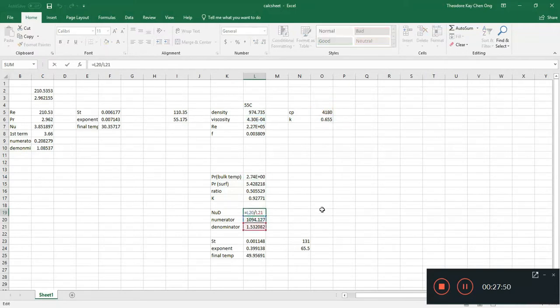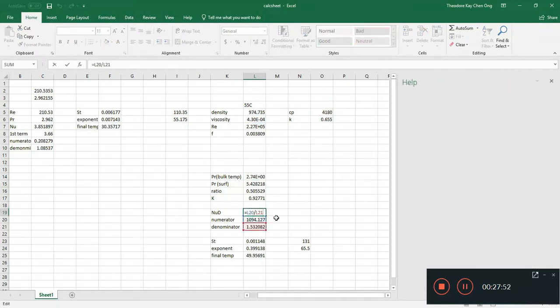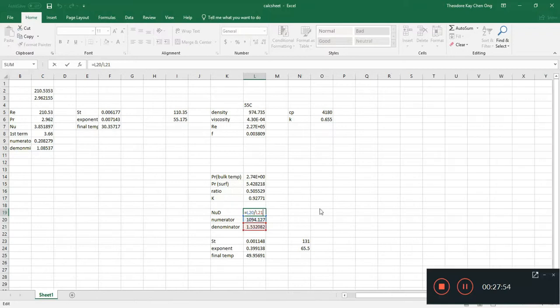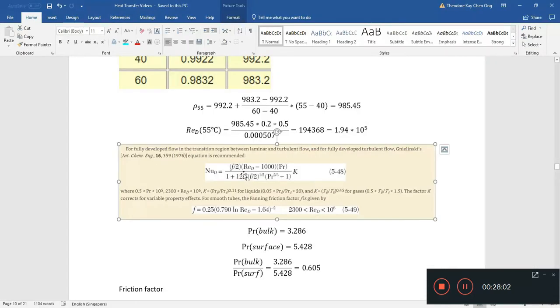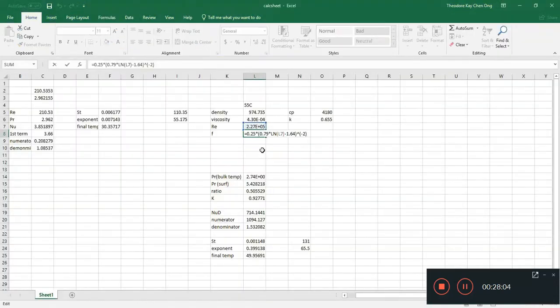Now, our Nusselt number, let's check whether we need to change anything new. Our Nusselt number is affected by the friction factor, and the friction factor has changed because of the Excel formula, which is good.